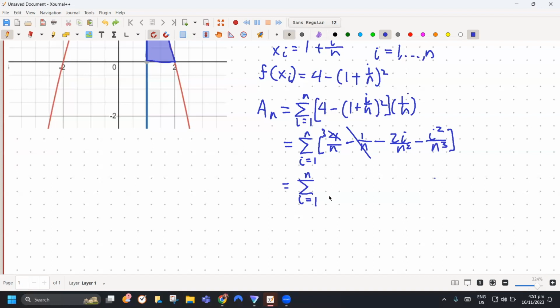The formula for the sum over... Hindi, ganito. Remember, n is just a constant.